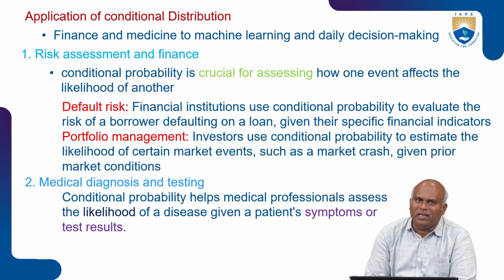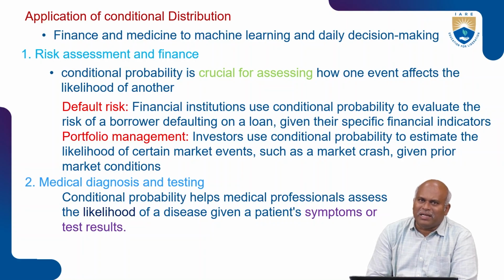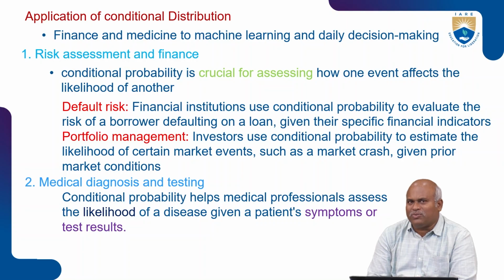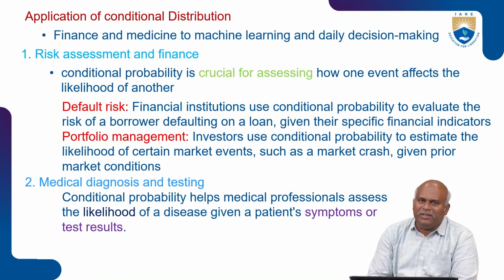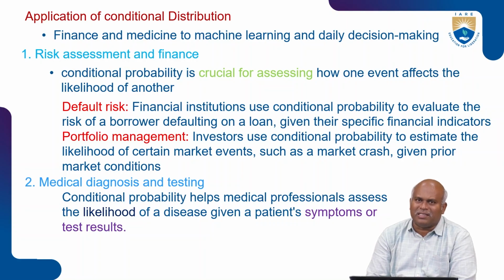First we go for risk assessment and finance cases. Generally, this conditional probability we use for finance, medical, and day-to-day life. Everywhere we are using it. First case, default risk. That is risk assessment, default risk.